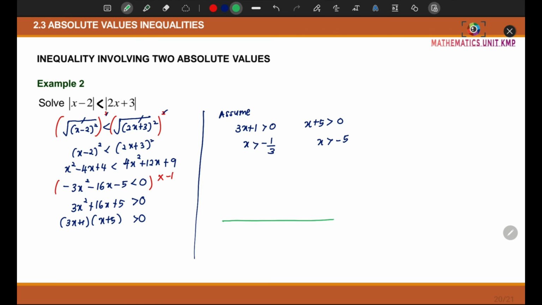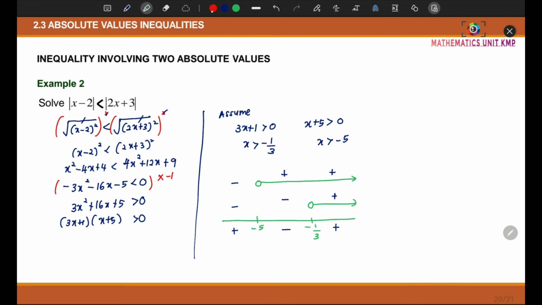I will make a number line with negative 5 here and negative 1 over 3. So we have x greater than negative 1 over 3 to the right, and x greater than negative 5. When there is a line, there should be a positive sign, so positive times positive gets positive, and positive times negative gets negative. Negative times negative will have a positive.